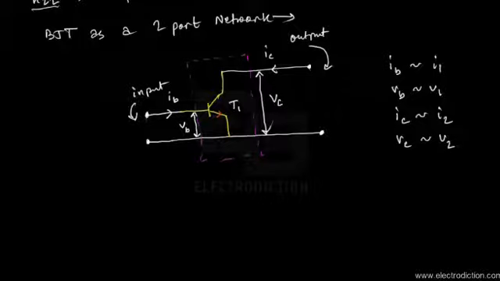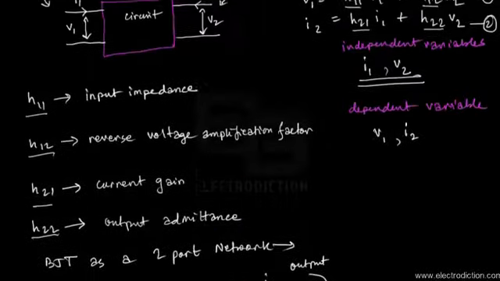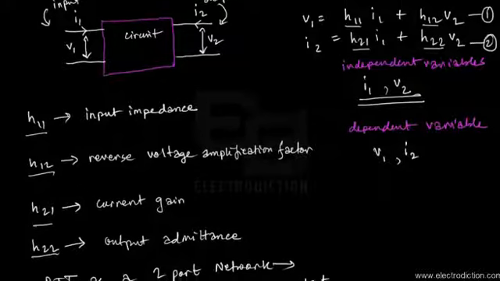Now whenever we begin to analyze this BJT circuit, we're going to land up with a corresponding H parameter equivalent circuit of this device. The two-port network analysis leads us in that direction.